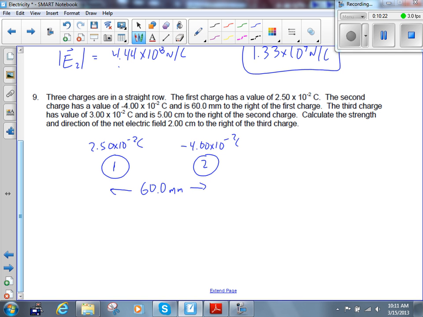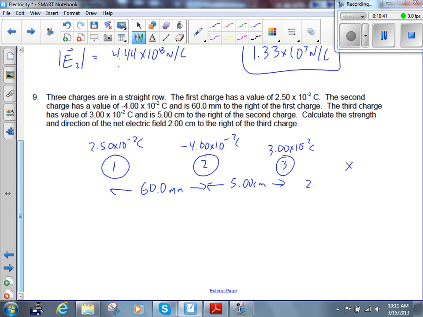Then we've got another one that's 5 centimeters to the right of the second charge, and its value is positive 3.00 times 10 to the minus 2 coulombs. We want to find the field strength 2 centimeters to the right of the third charge.